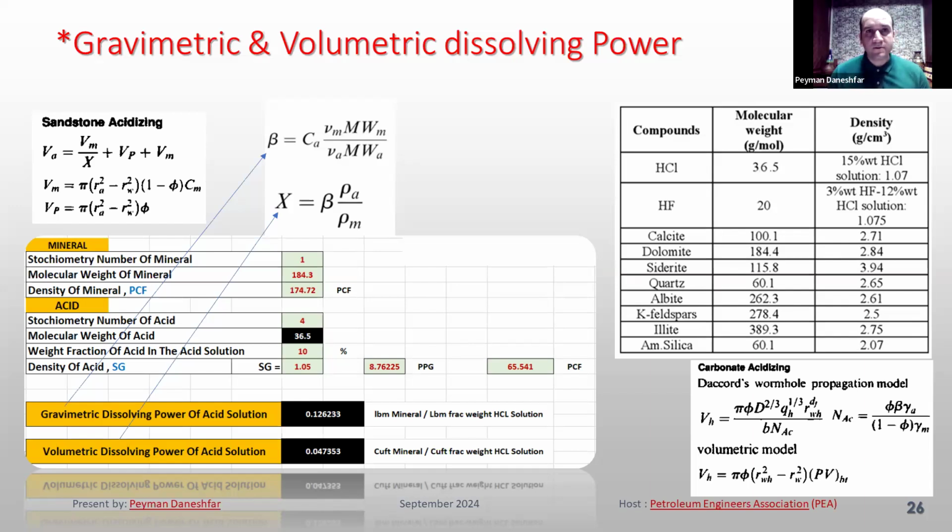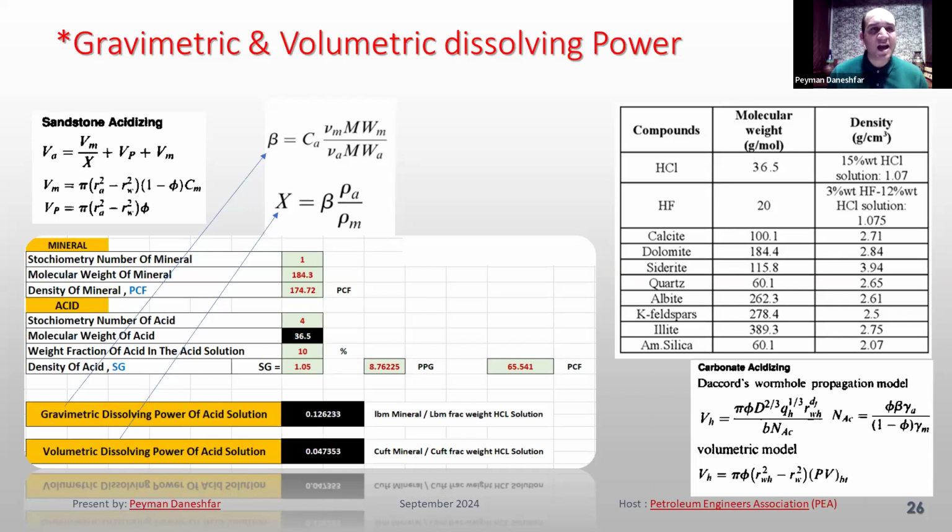In our workshop, we will explain it more and more. And in carbonate acidizing, we should use the right side of the slide. You can see that this is a dot code, and also we have a volumetric.